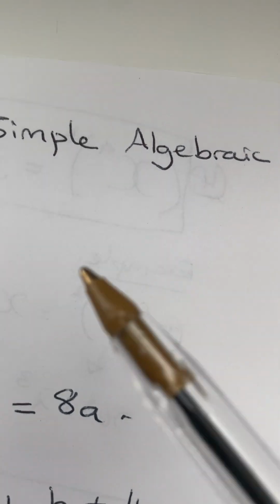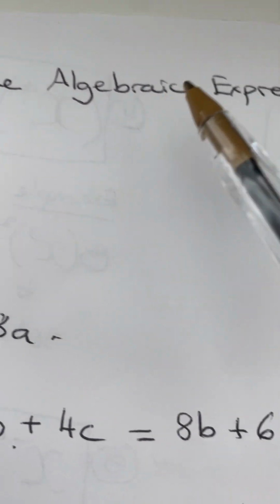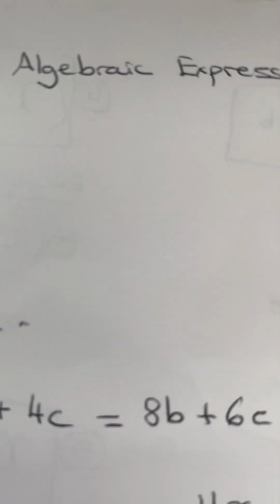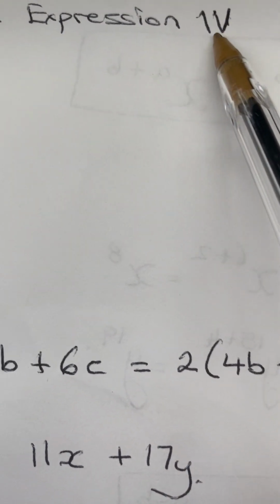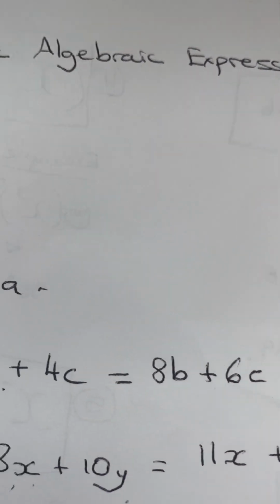Today is the 27th of July 2023, and we've been doing algebraic expressions. This will be our fourth lesson in algebraic expressions.